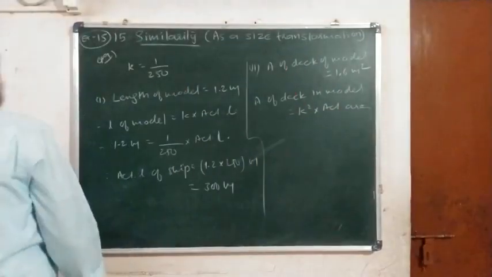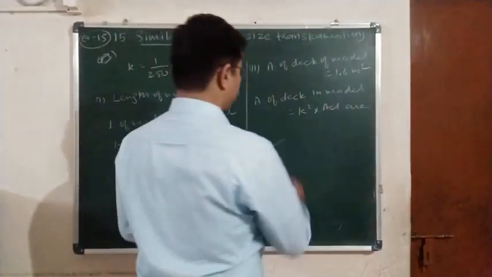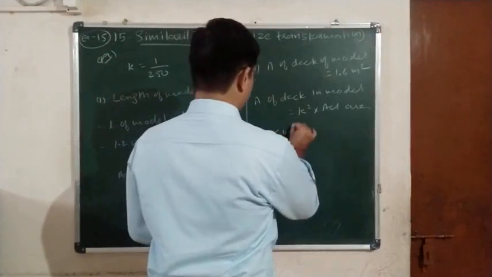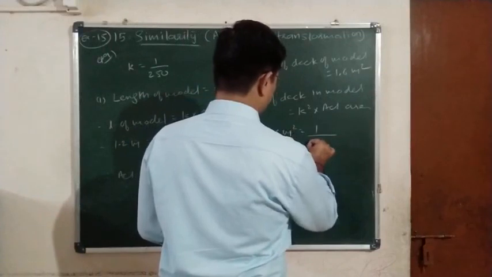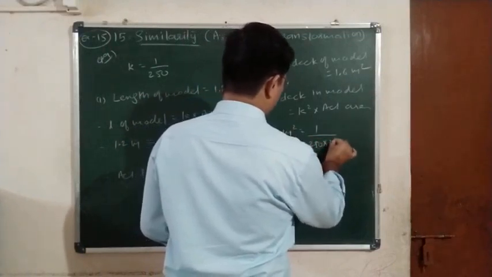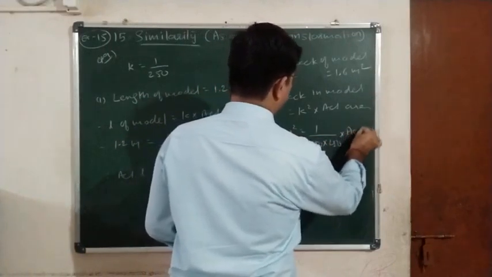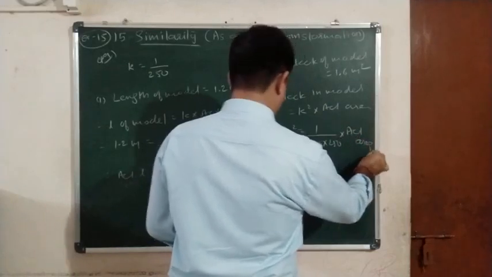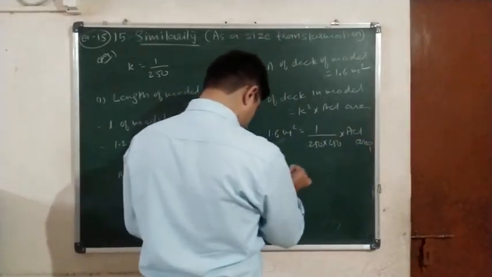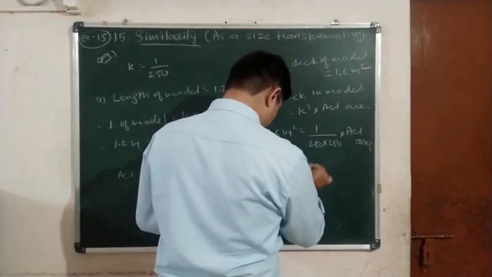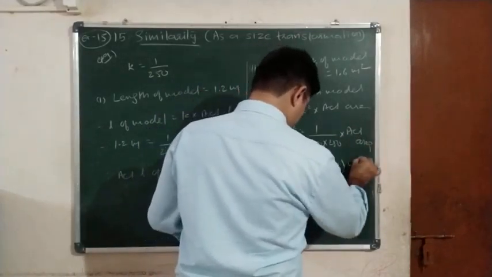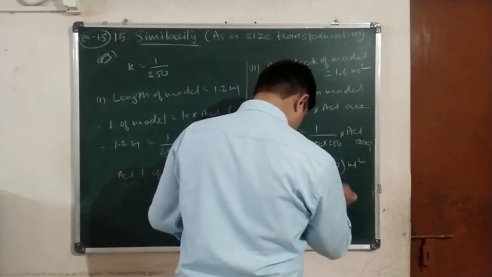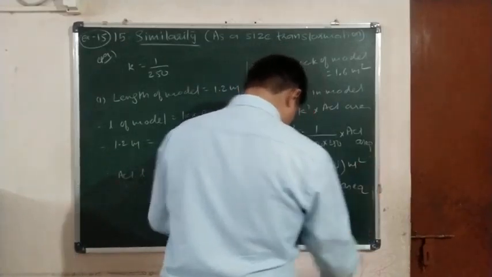Yes or no? Okay, so 1.6 square meters is equal to 1 upon 250 into 250 into actual area, and therefore 1.6 into 250 into 250 square meters is equal to actual area.